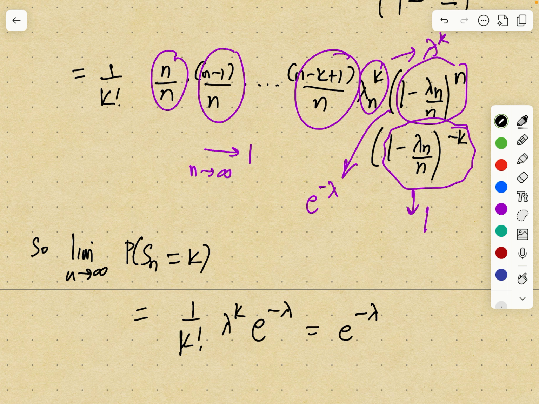It's e to the minus lambda times lambda to the k over k factorial, which is what you get from the Poisson distribution. So that's the proof of the theorem.